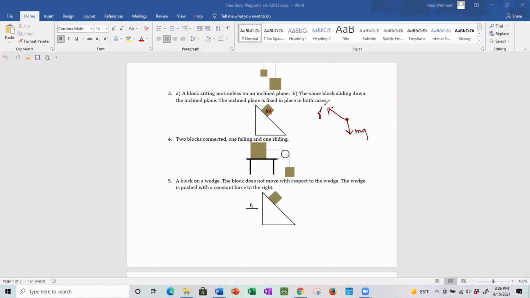There's one more. The normal force is the wedge on the block. So the block is pushing, or the wedge is pushing that way. Okay. So for that one, let's see.